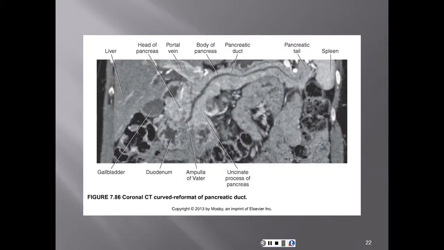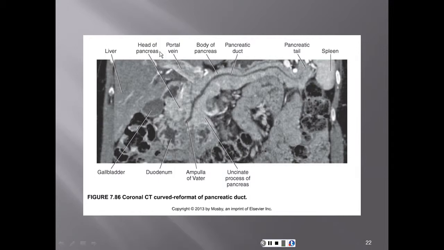Coronal CT curve reformat of the pancreatic duct. Generally, the curved reformat plots a line along the course of the pancreatic duct, so that in one slice we are able to depict the entire pancreatic duct.